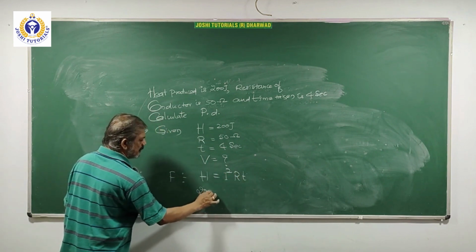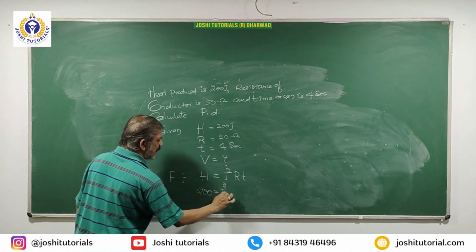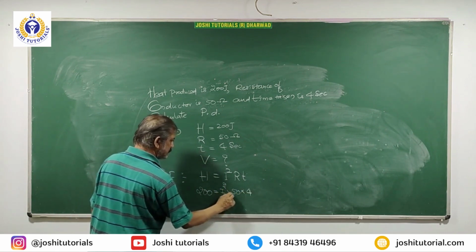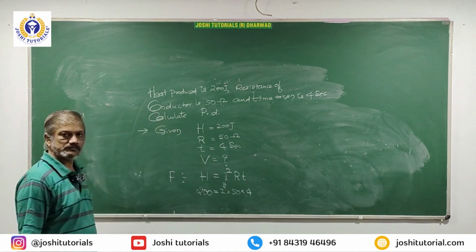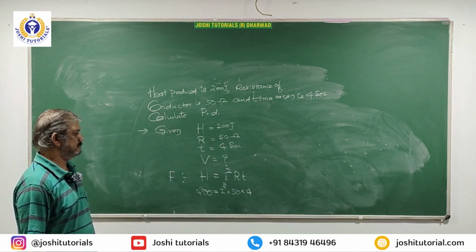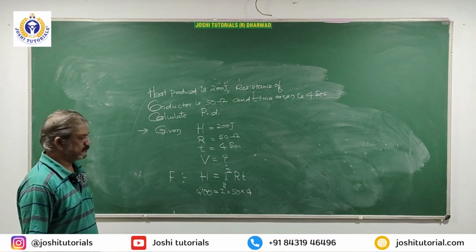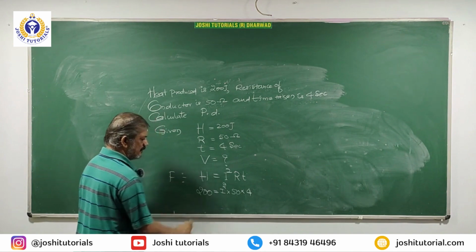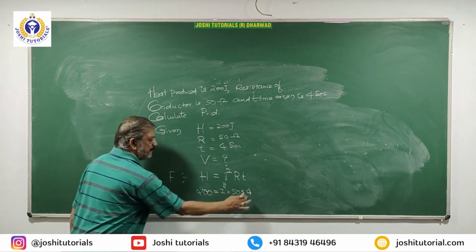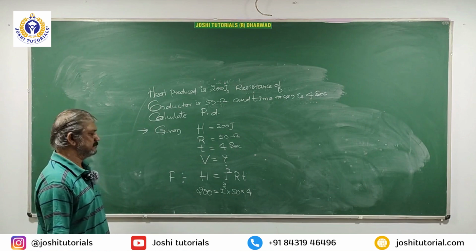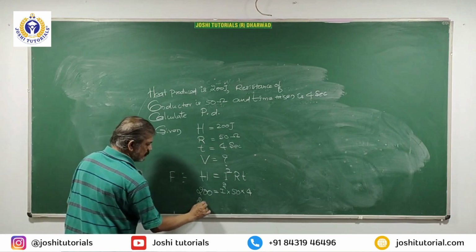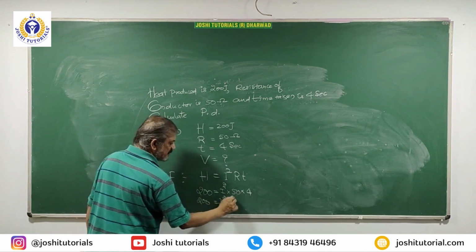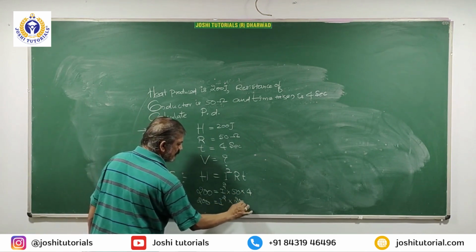H is 200, I square, R is 50 into 4. Then 5 4s are 20, that is 200.